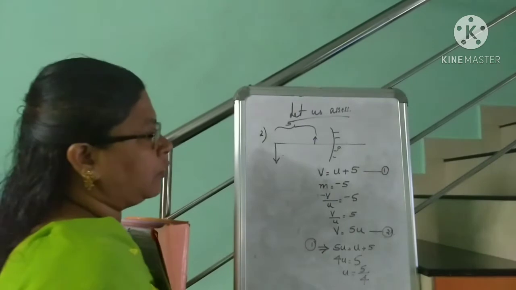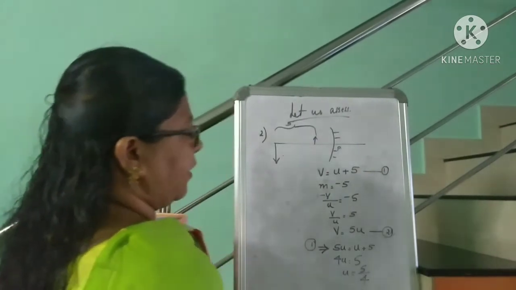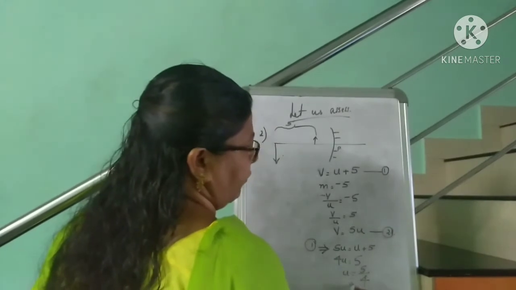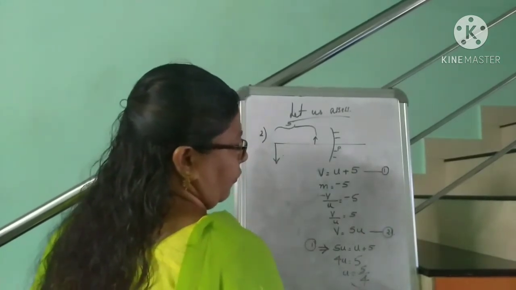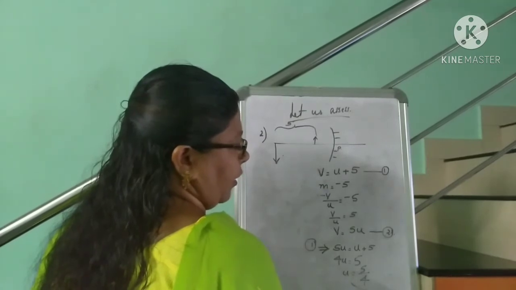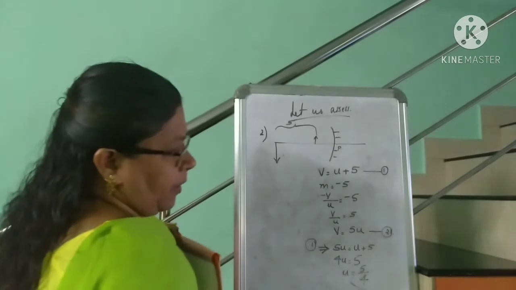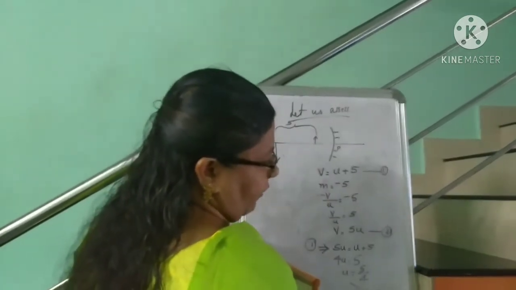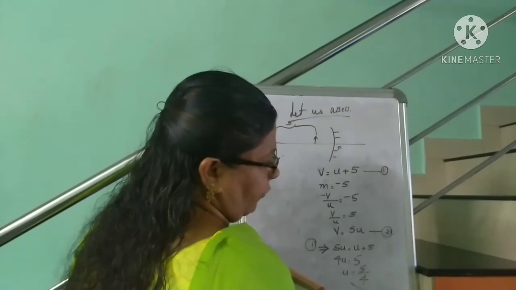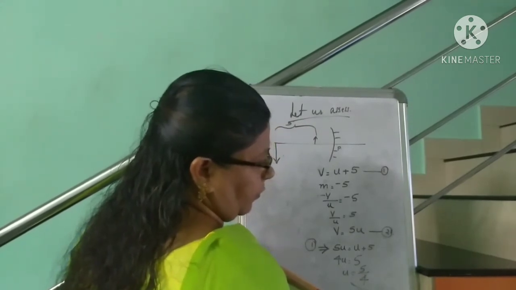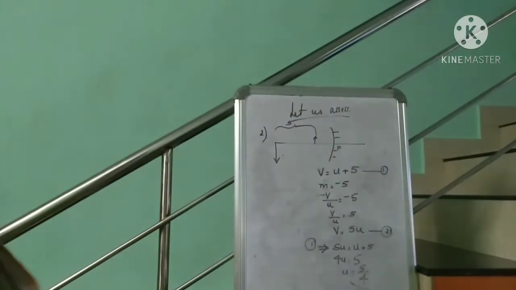Then you will get the value v is equal to 5 by 4 plus 5. 5 by 4 plus 5 is 5 into 4, 20, 20 plus 5, 25 by 4. So u you got and v also you got.